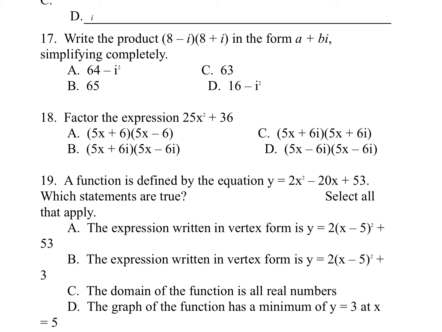All right, moving on. Number 17, I am going to double distribute. So I'm going to do 8 times 8, which is 64. 8 times i, which is positive 8i. Then I'm going to change to blue, and I'm going to do -i times 8, which is -8i. And -i times positive i is -i squared.